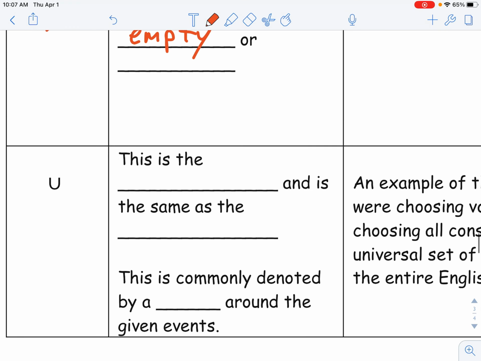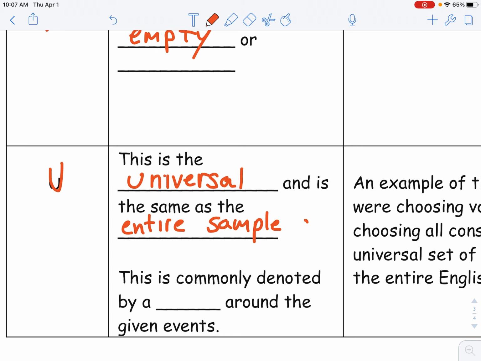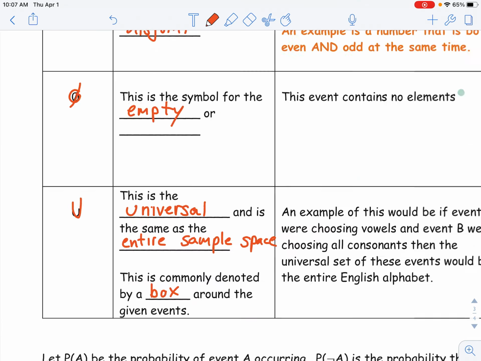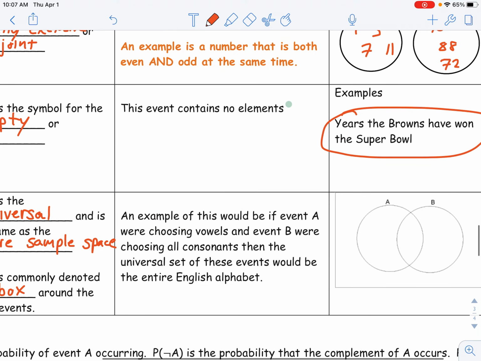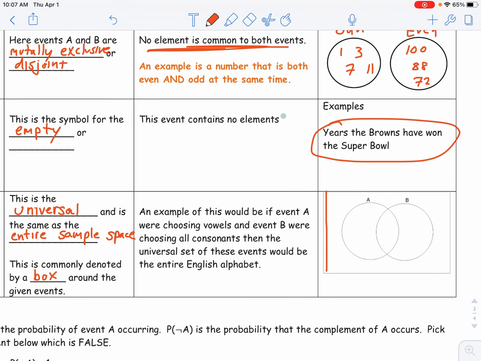All right, and this right here, this is actually the U, and this is universal. And you can think about the entire sample space. All right, and this is usually noted as a box around a given event. So it's really this right here.